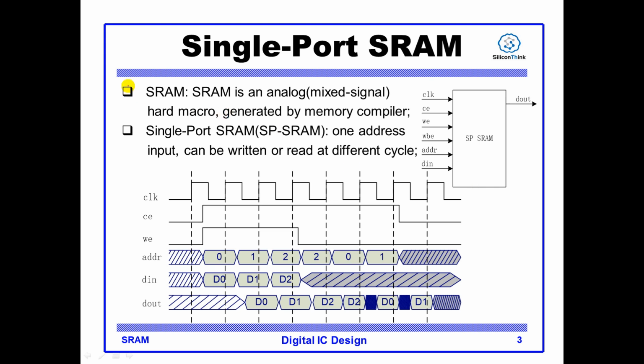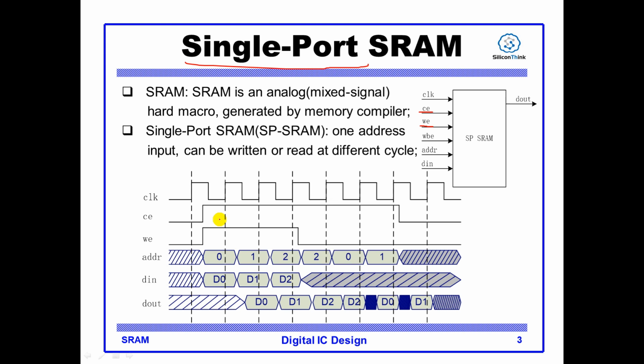So let's see the function of single port SRAM. Let's first look at the waveform of write. For write, you have to assert the chip select and the write enable to the active state. Usually, you have to take a look at the data sheet.